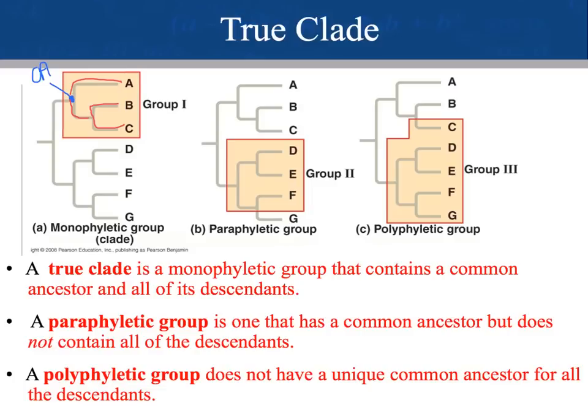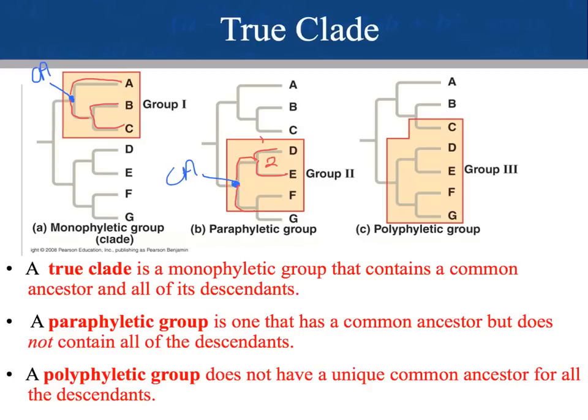Another term is paraphyletic group. If we look at picture B, that shows a paraphyletic group, and it is one that has a common ancestor, but does not contain all of the descendants. So if you look, here's our common ancestor, and then we have family grouping off here and here for 1, and then here would be 2.